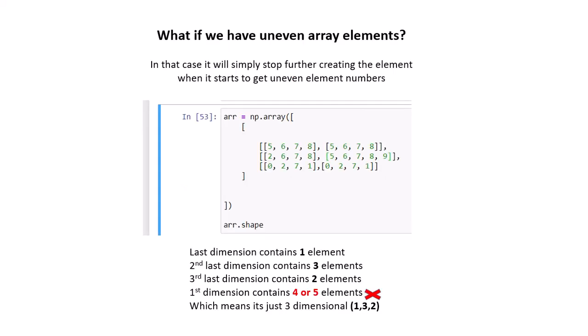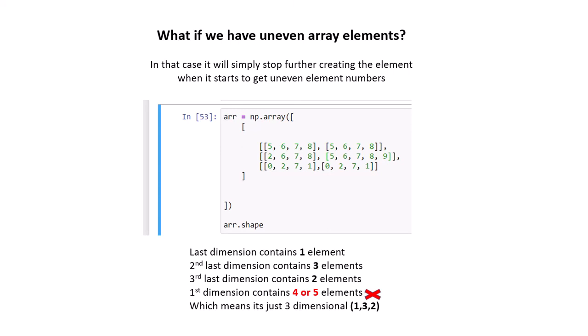Now in this particular slide I am covering the fact which I mentioned a little ago, in which I was referring to uneven elements. Here you'll see that we have uneven unidimensional arrays. In one of them there are 5 elements, in others there are 4 elements. If we apply the previous rule, the last array contains 1 element, so 1 comma.